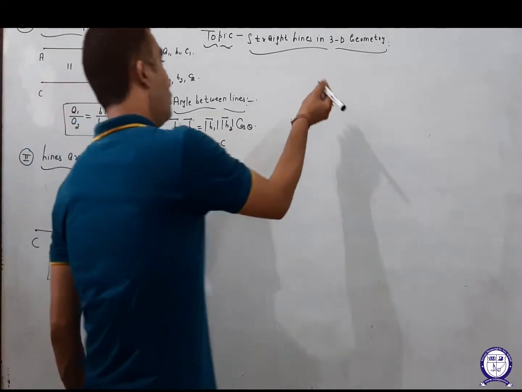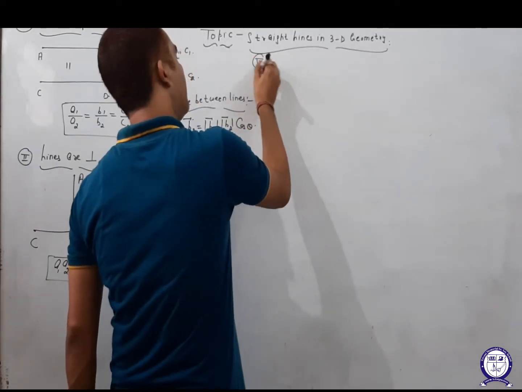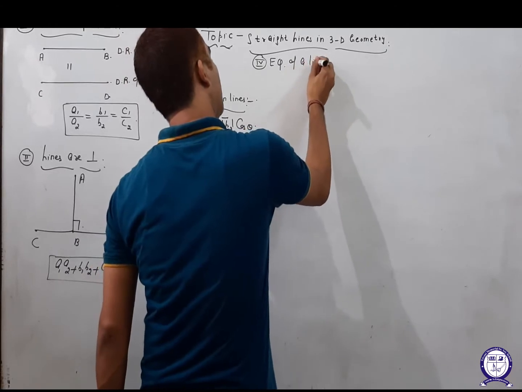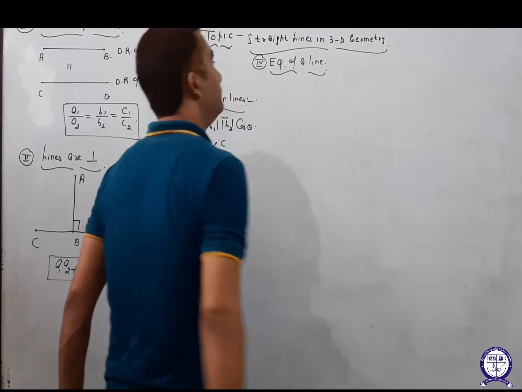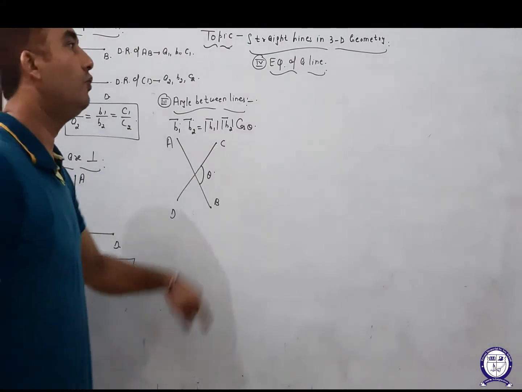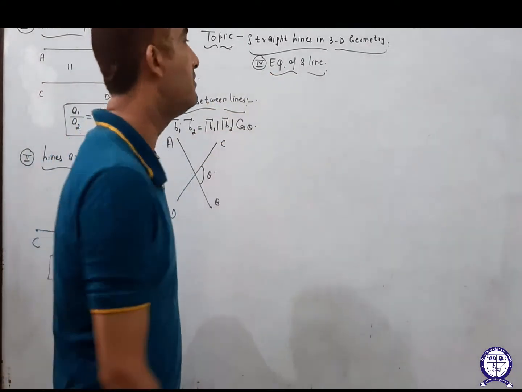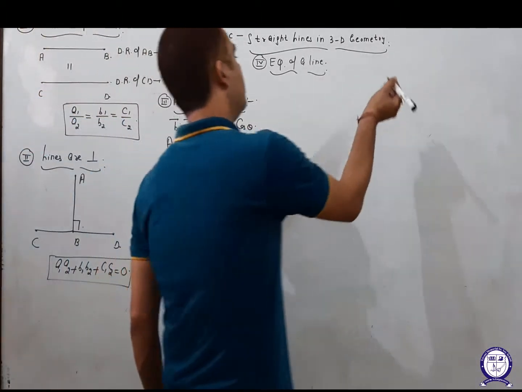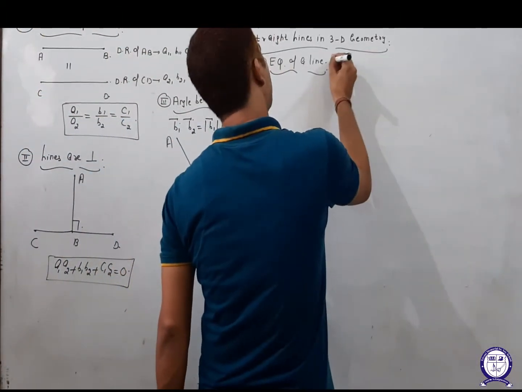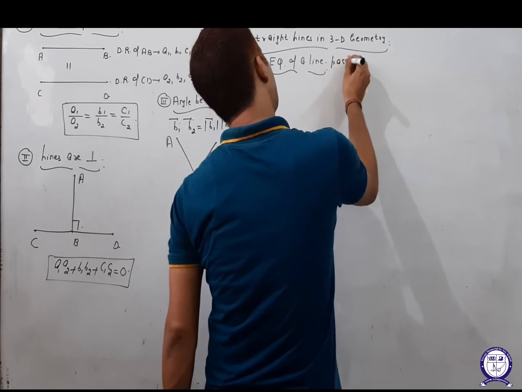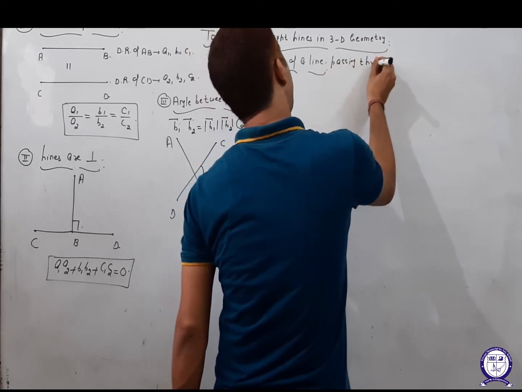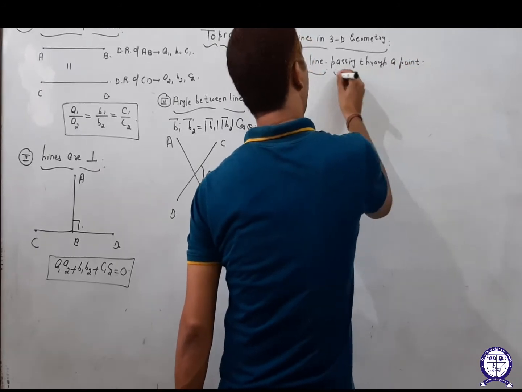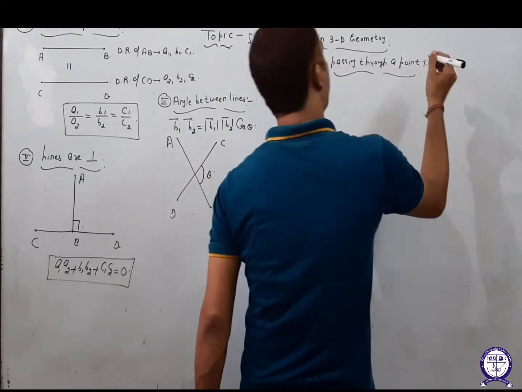Now, question is equation of a line. If in three-dimensional geometry you need equation of a line, that means you need only two values. First one, passing point. Equation of a line passing through a point represented by a vector.